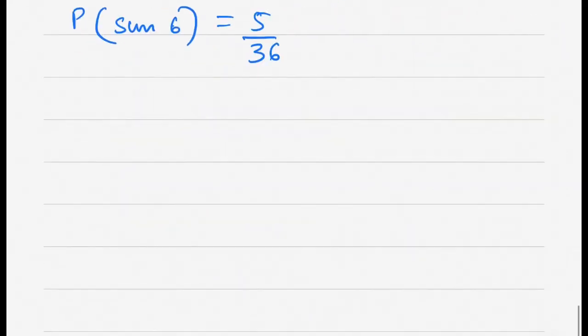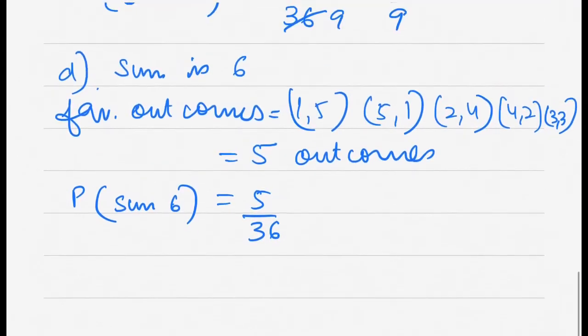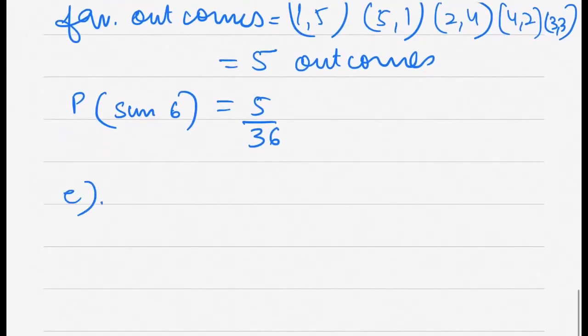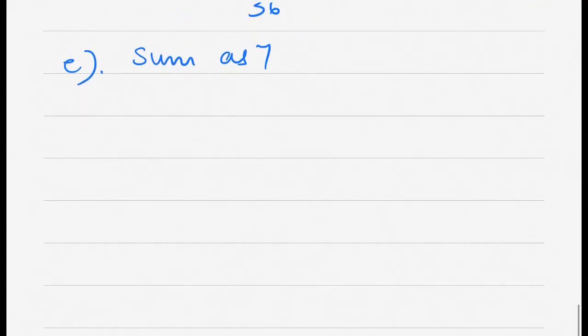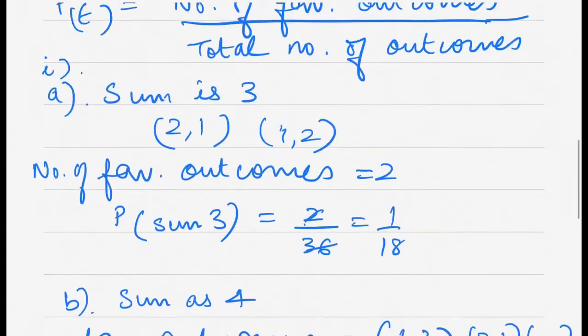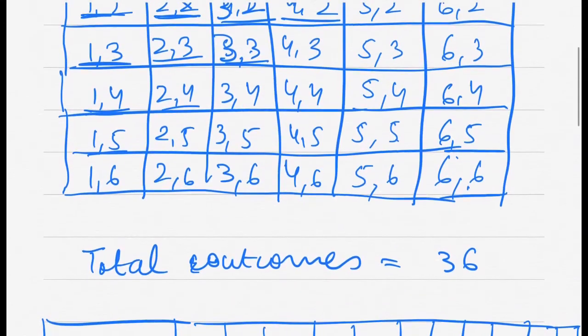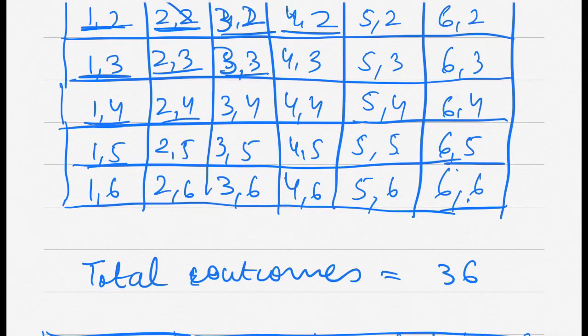Okay, now sum as 7. Which part? E part. Okay, so now let's find out the favorable outcomes for which the sum is 7. We'll go back to this table. So the sum is 7.